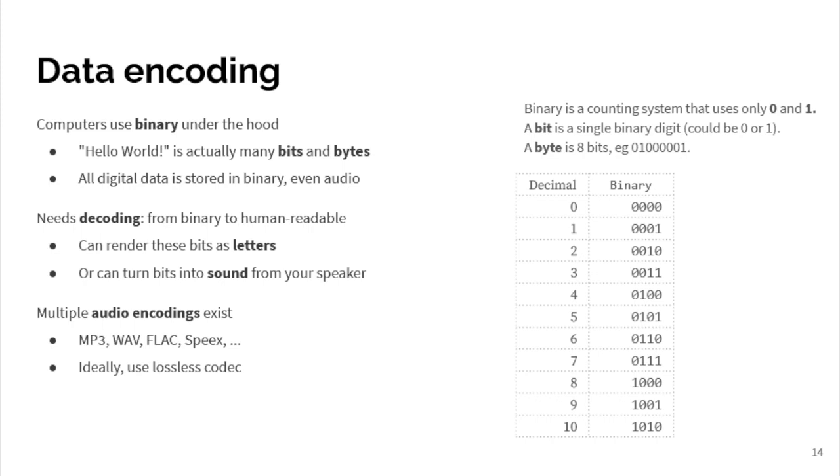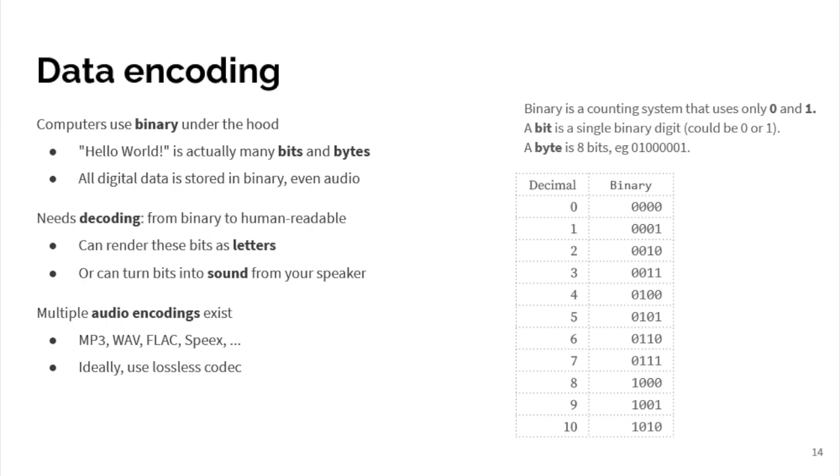So a bit is a 1 or a 0. It's a single bit of information. Bytes are sequences where there are 8 bits in a row. I've got a table here on the slide that shows how the decimal counting system can be converted into the binary counting system.